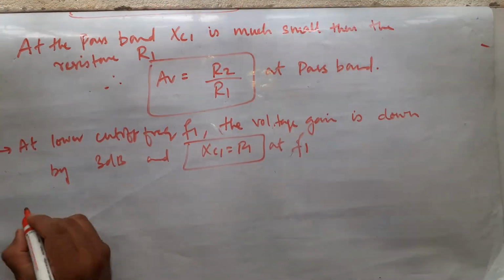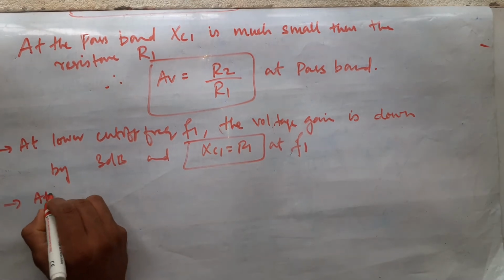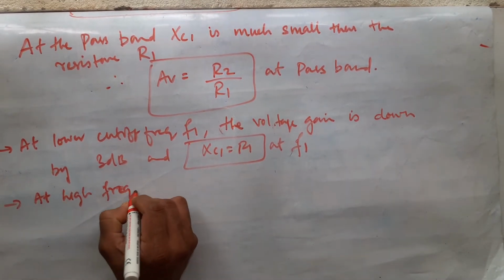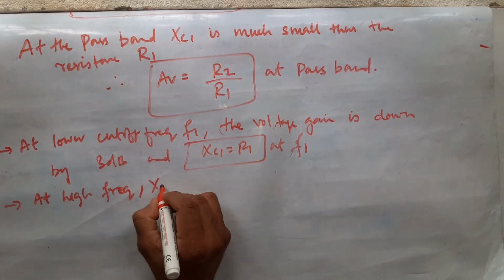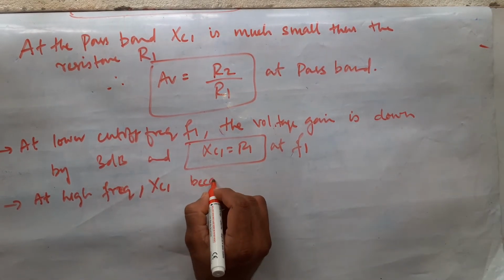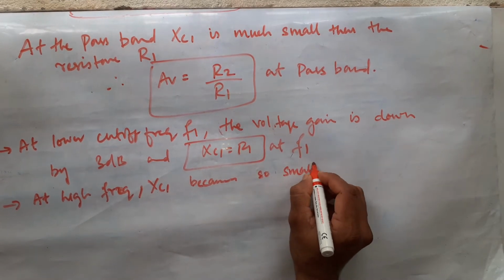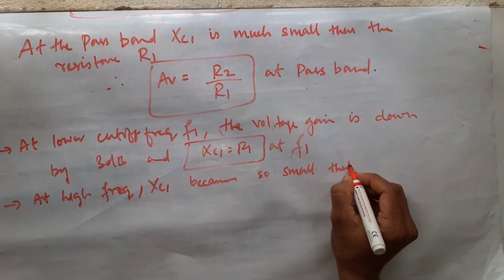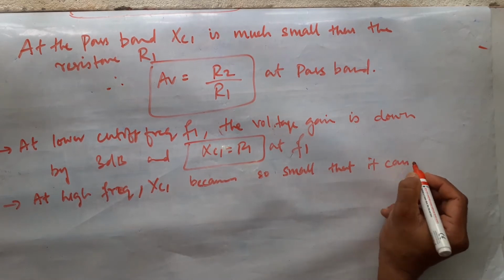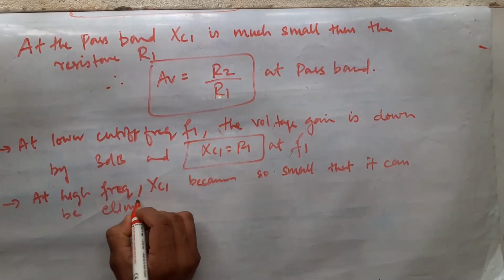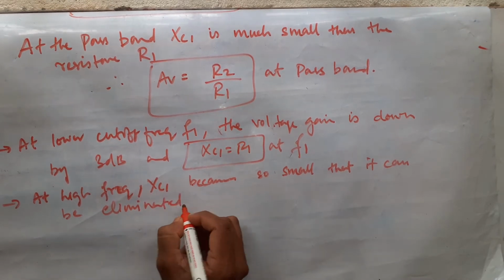Similarly, at high frequency, XC1 becomes so small that it can be eliminated from the circuit.